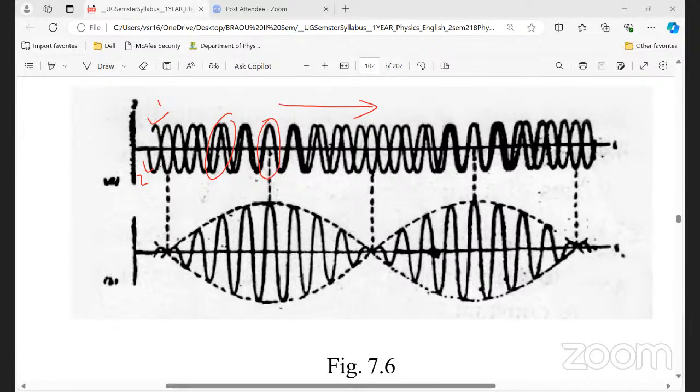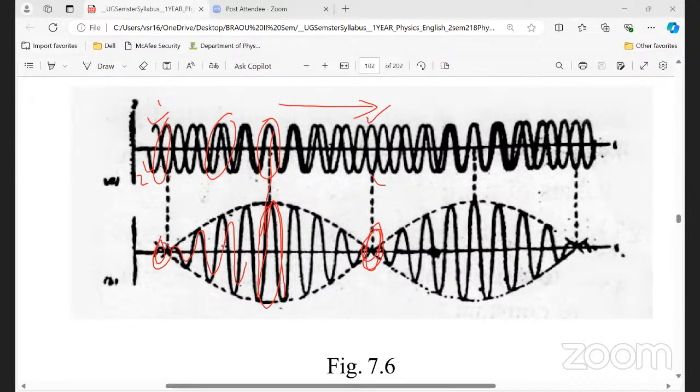By elaborating these, you can see where you get the maximum amplitude in this condition. Here these two are opposite to each other, so this is a node. Here also, this is a node.